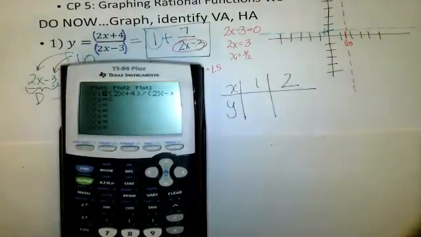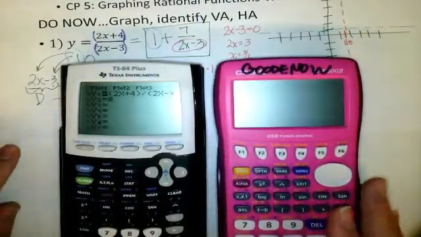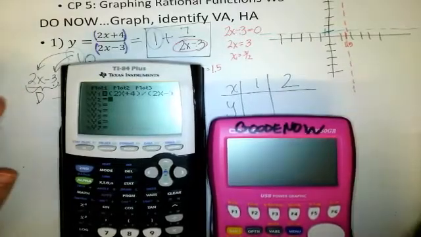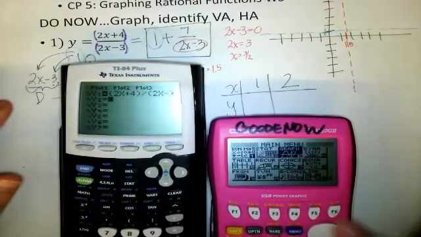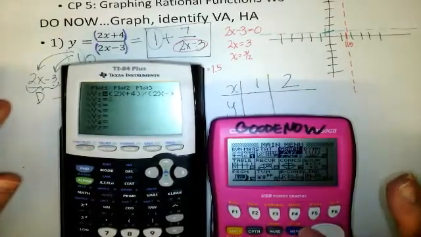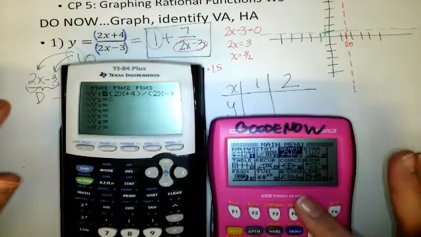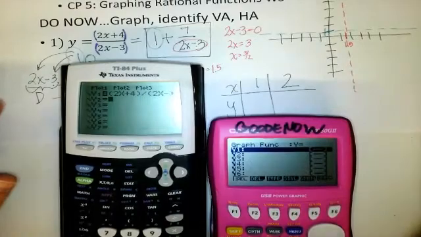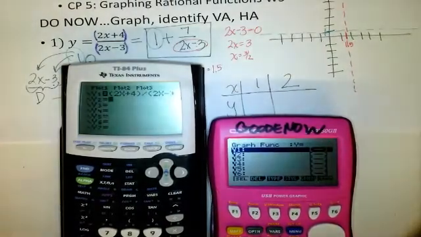All right, that's there. If you have a Casio, it's very close. We're going to turn it on, and you can go to menu, and you have different menus. We want the graphing menu. So move to the graphing menu, hit execute, so that you're in your Y equals menu.